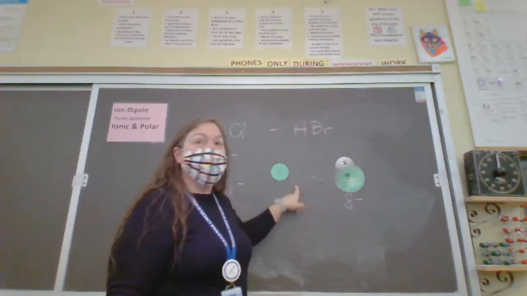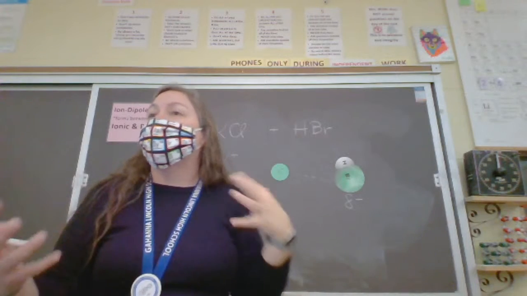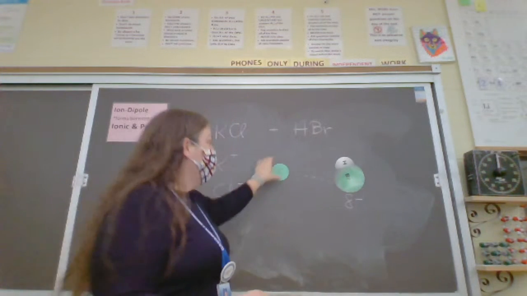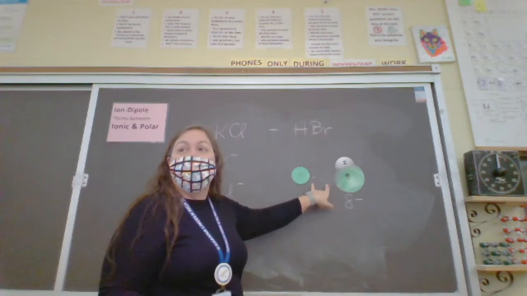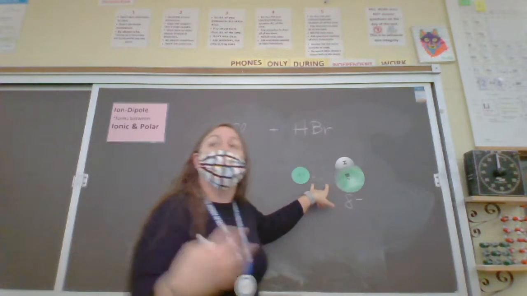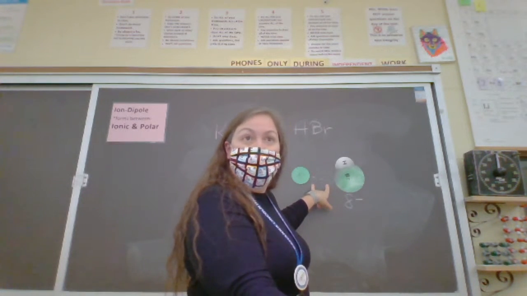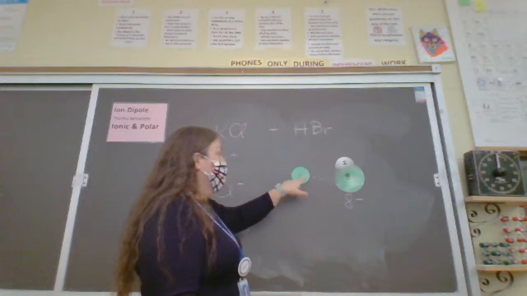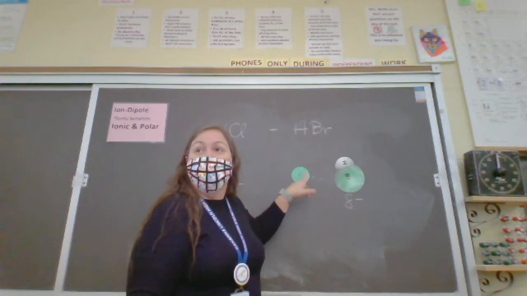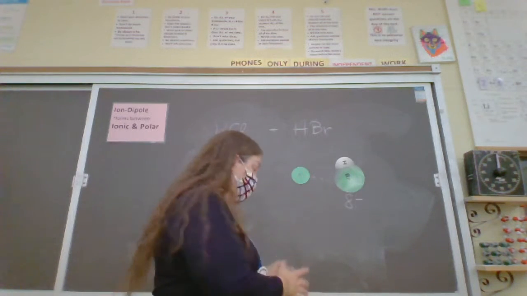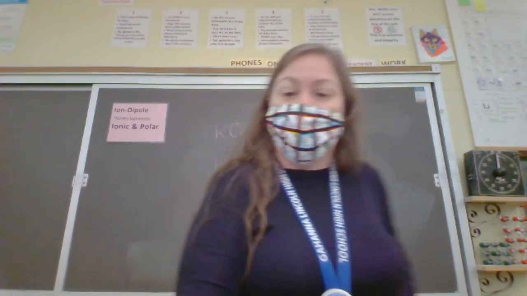This attractive force, you can kind of measure how strong it is. If the K positive gets closer to the HBr, it creates a shorter bond, which we know from the last chapter is stronger, right? Also, the charge will make a difference. So you see how this is positive 1? Well, if it was positive 2 or positive 3, it would make a difference. So let's take these two charges.